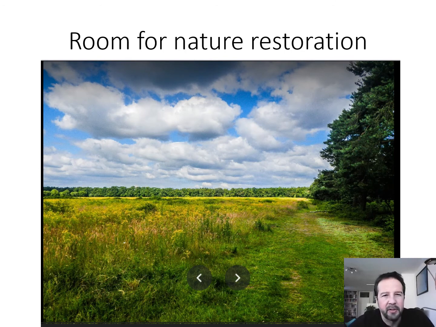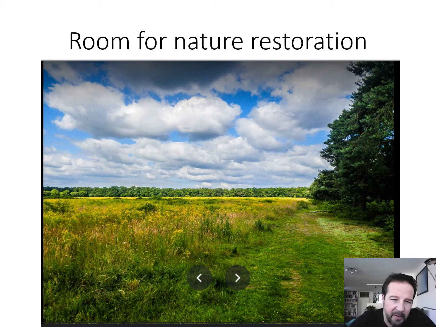However, it remains obviously a suboptimal area, which means that it's also one of the first areas that will be abandoned again by agriculture when it's no longer profitable, and then there's room for nature restoration sometimes.